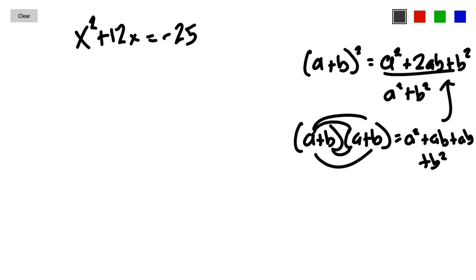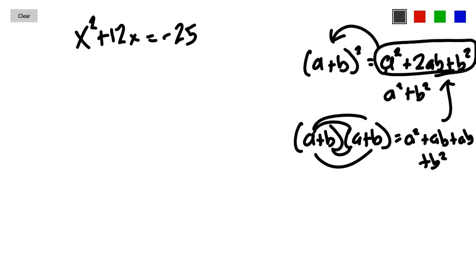Okay, so what I'm going to do is manipulate the left side of the equation to look like this form right here. I want to get it into something that's this form. So I have to choose my a and my b carefully so that I can then convert it into something that looks like that.